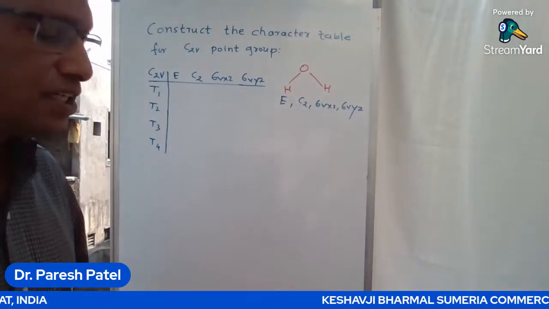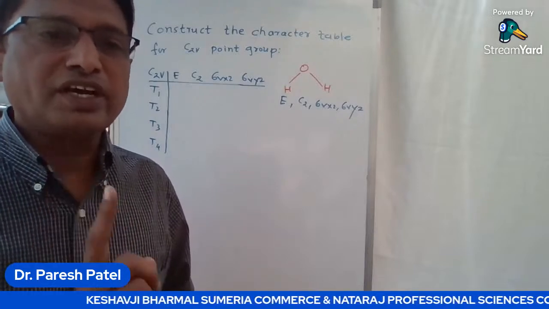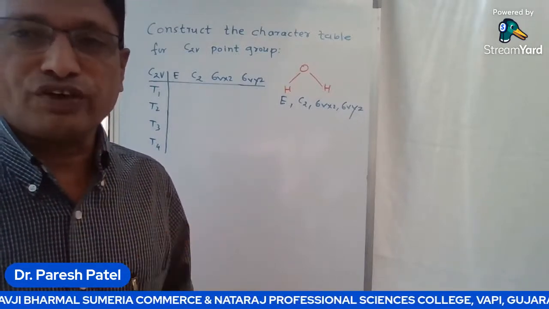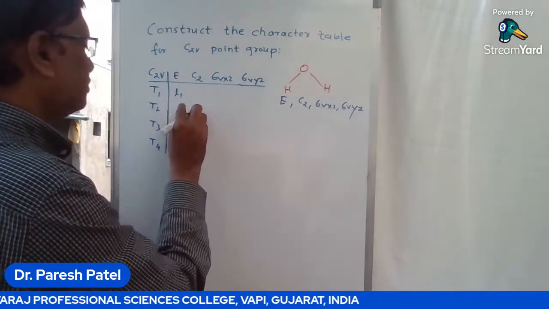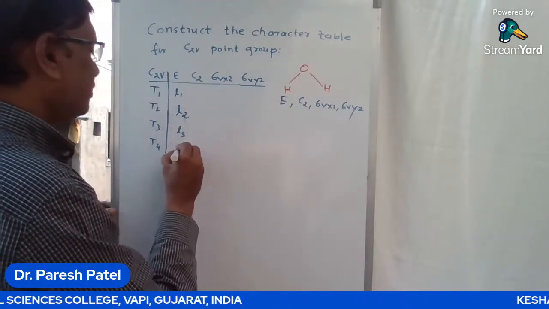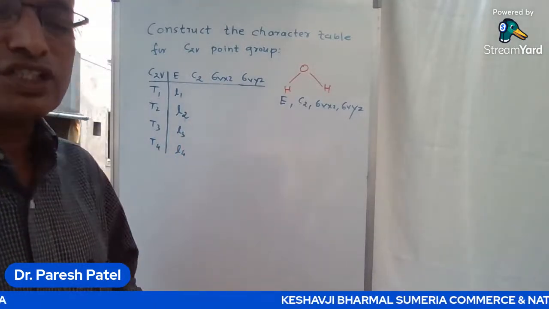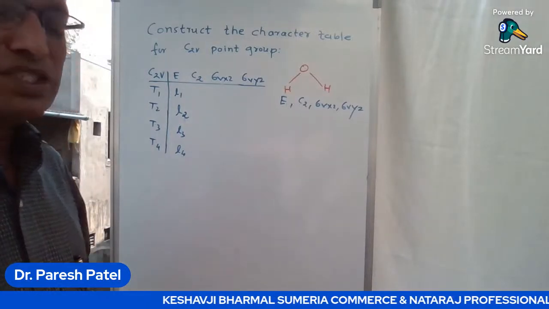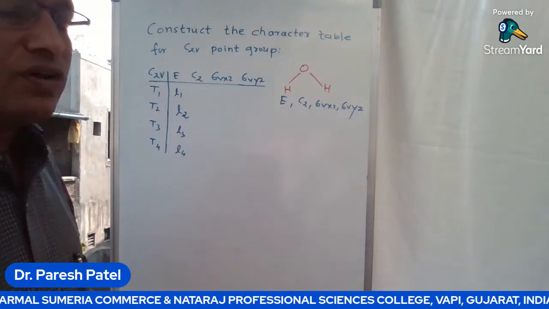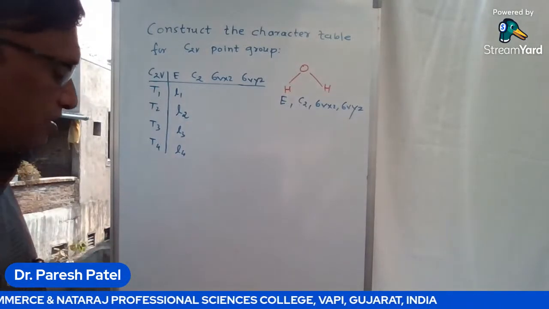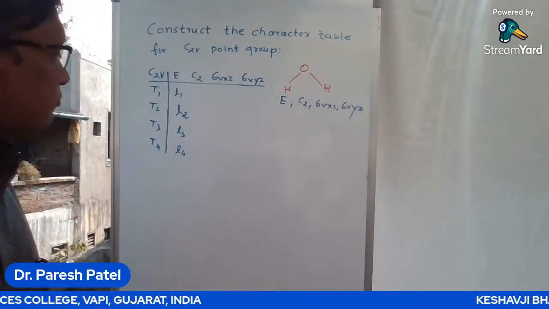Now, the second characteristic of irreducible representations: the sum of the squares of the dimensions is equal to the order of the group. Suppose these are the dimensions L1, L2, L3, and L4. Generally we know that dimension corresponds to the matrix representation for the identity symmetry operation.